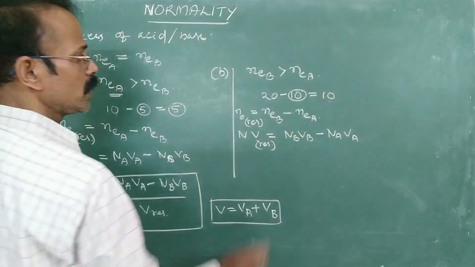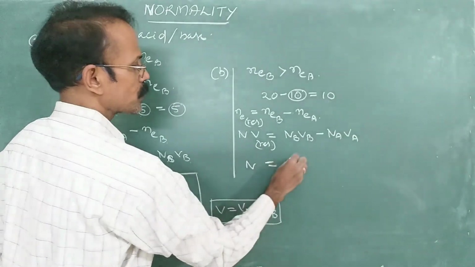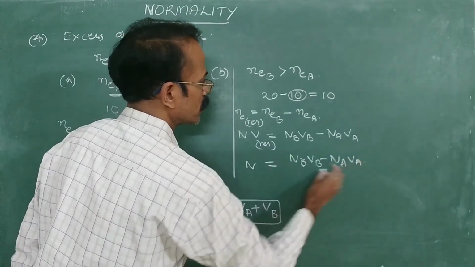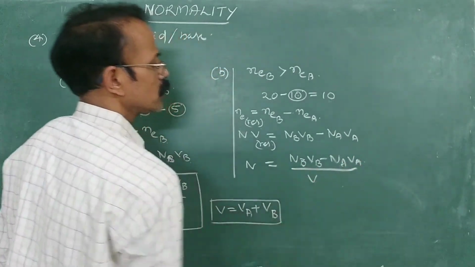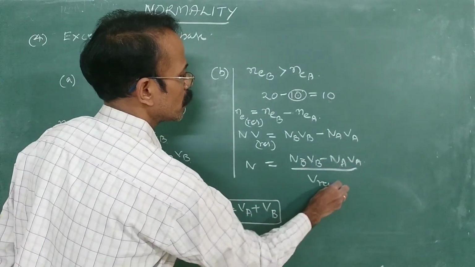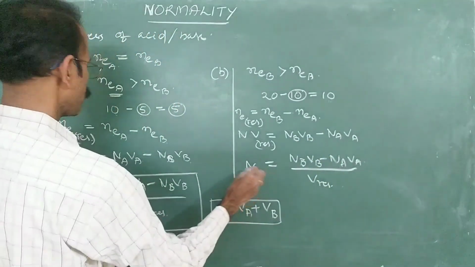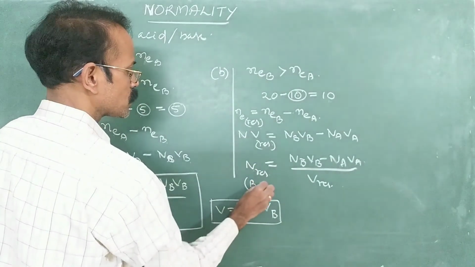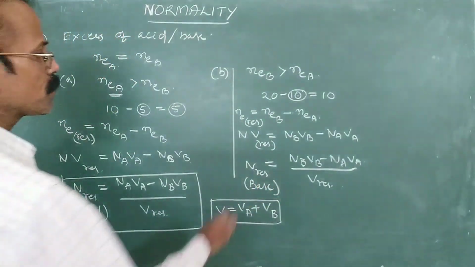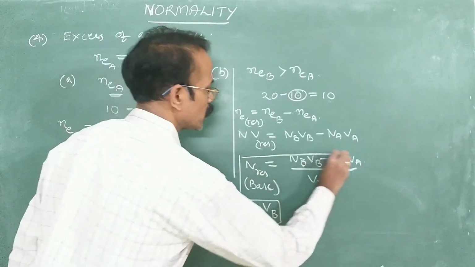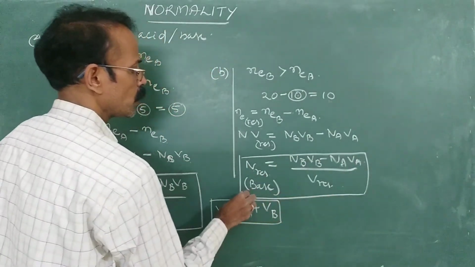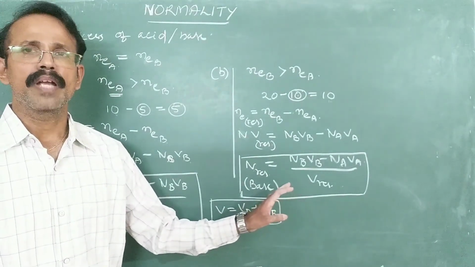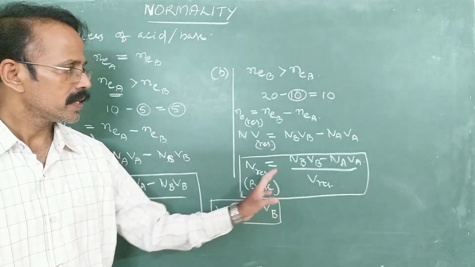Now what is the normality of the resulting solution? It is equal to (NbVb − NaVa) divided by the volume of the resulting solution. This is the normality of the resulting solution, or normality of base. So if base is present in excess during a neutralization reaction, the normality of the resulting solution can be calculated using this formula.